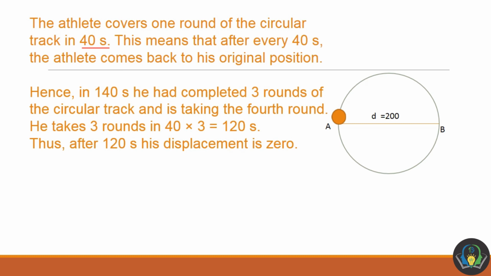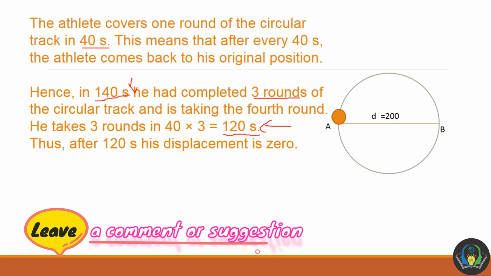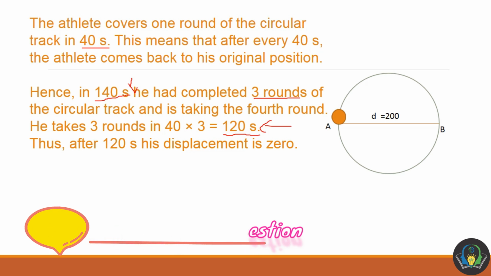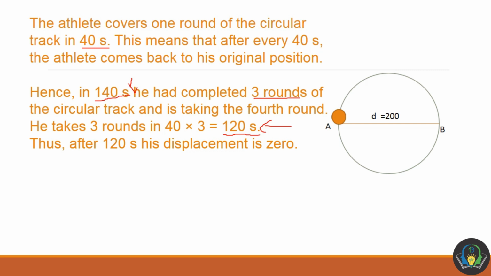Hence, in 140 seconds, he has completed 3 rounds of the circular track and is taking the 4th round. 3 rounds take 120 seconds, which is already consumed. From 140 seconds, we have finished 120 seconds, so we are left with 20 seconds. Whatever displacement is taking place is taking place in that 20 seconds.